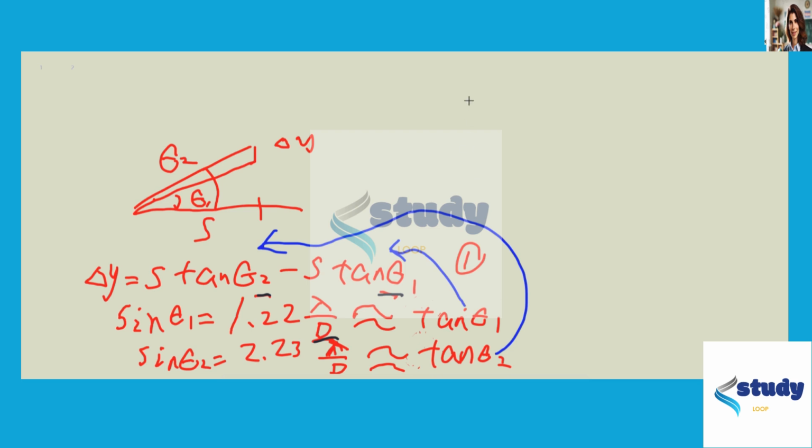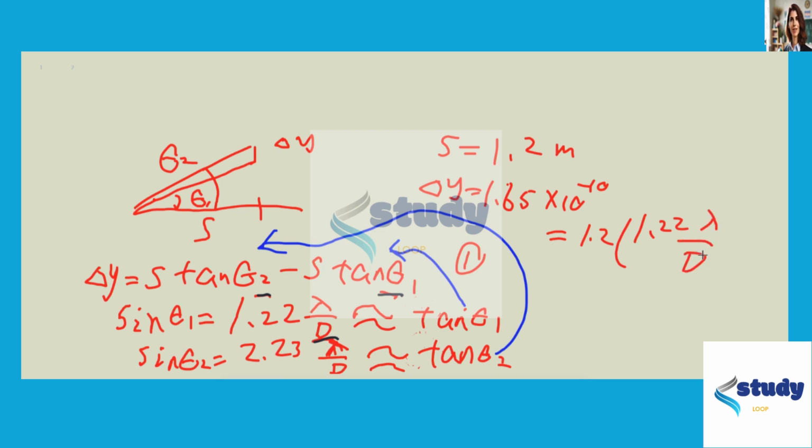We learned that s equals 1.2 meters, and delta y equals 1.65 times 10 to the minus 3 meters. It equals 1.2 times 2.23 lambda over d, minus 1.2 times 1.22 lambda over d.